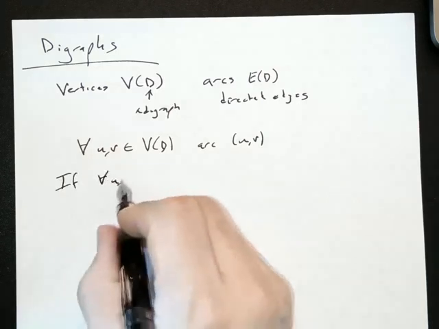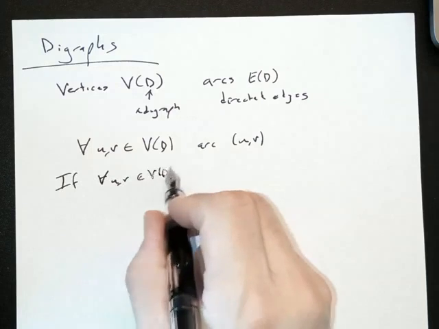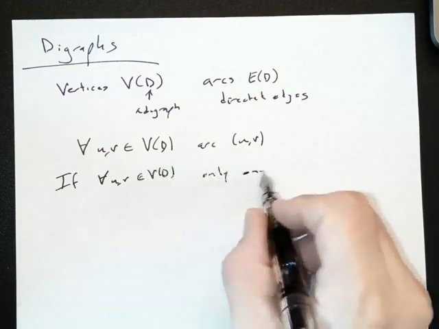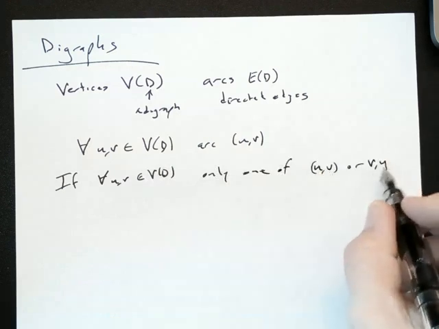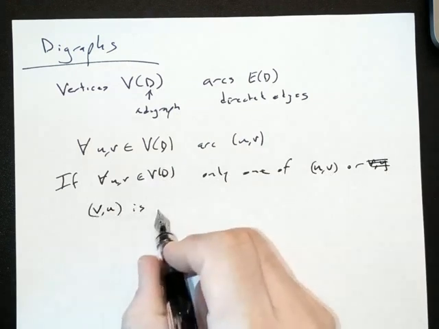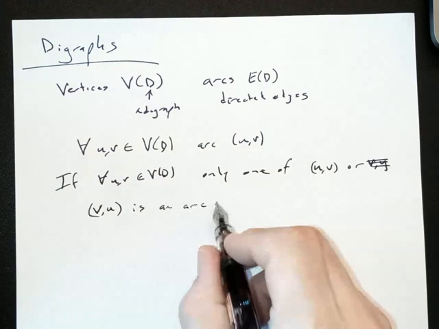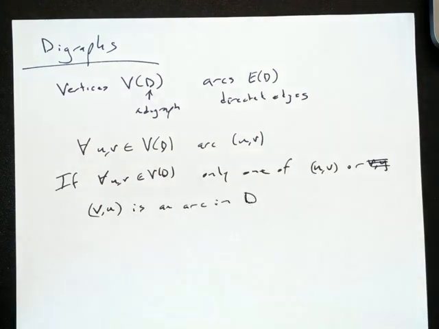So if for every u and v in the vertices, let's suppose we have at most one of the arcs from u to v or v to u. Can't have them both.